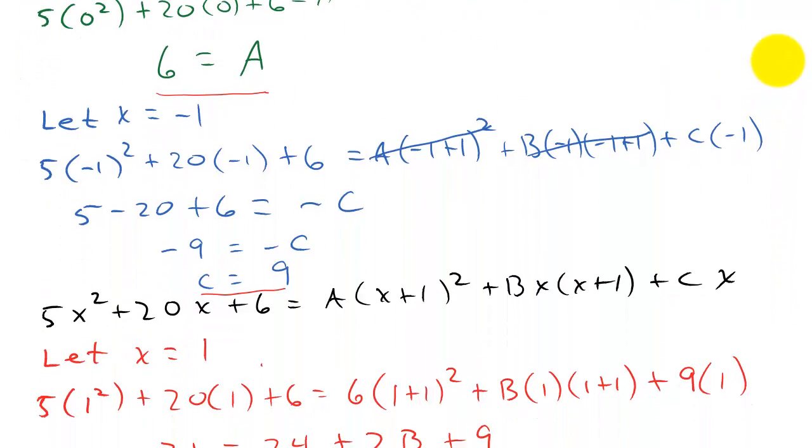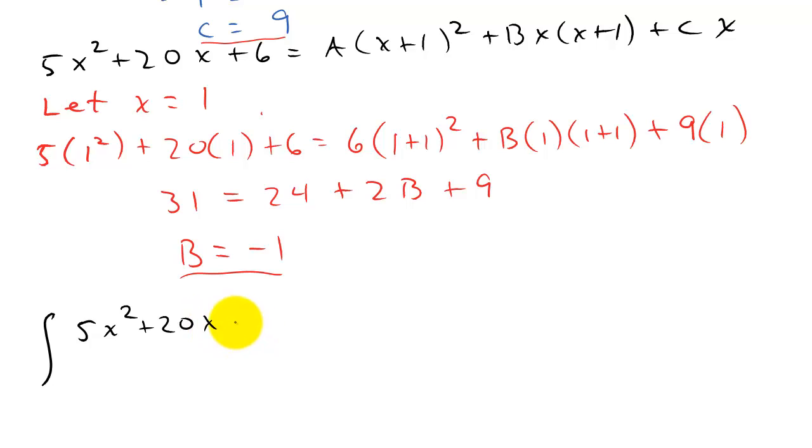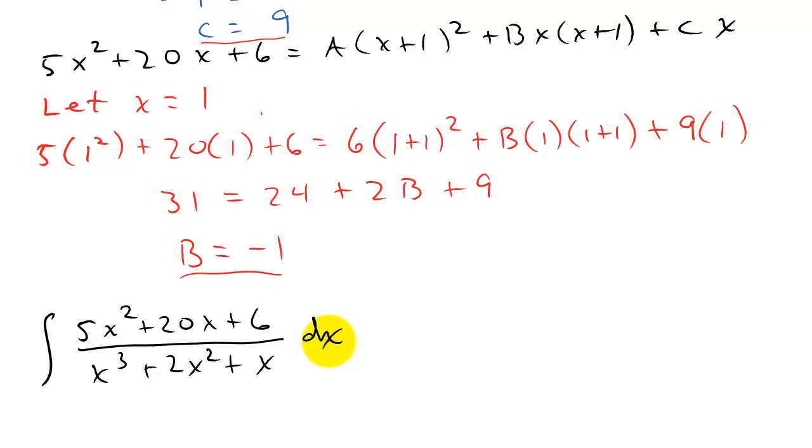So let's rewrite the problem. I've got the integral of 5x squared plus 20x plus 6 over x cubed plus 2x squared plus x dx.